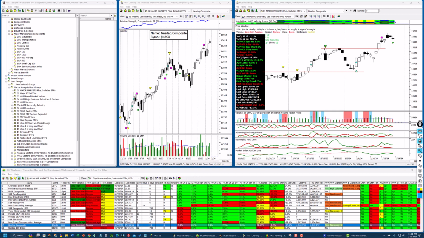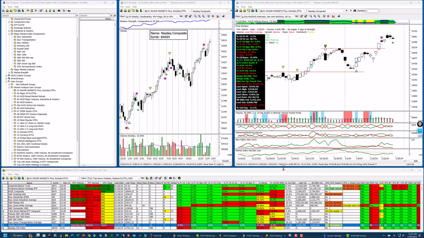If you look here at the NYSE, you can see that it was up for the day, for the week, and for 5 days. So even though the NASDAQ was down slightly on Friday, the bias is still up. The tendency, more than likely, is that the market's going to continue higher.